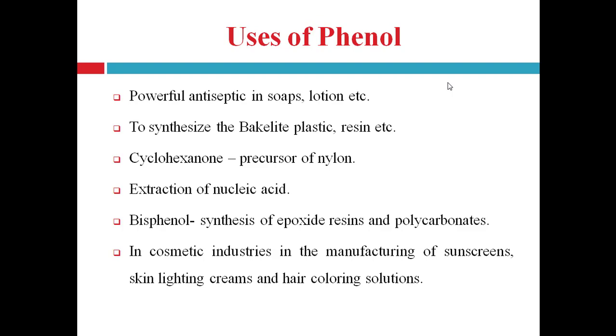Then bisphenol can also be produced by using phenol. Condensation of phenol with acetone gives bisphenol, right? How is bisphenol prepared? By condensation of phenol with an acetone molecule, that gives bisphenol, and this bisphenol is used to synthesize various epoxide resins and polycarbonates, right?